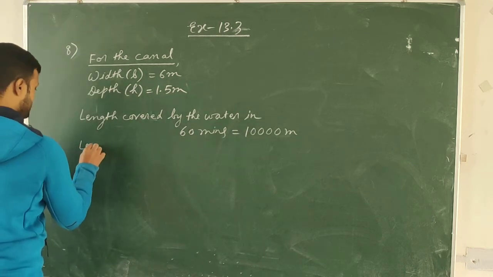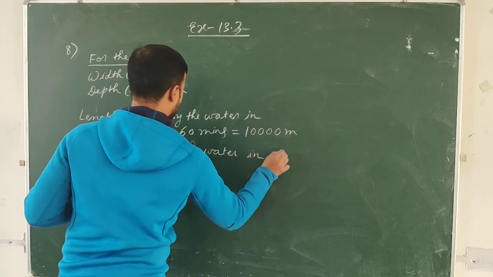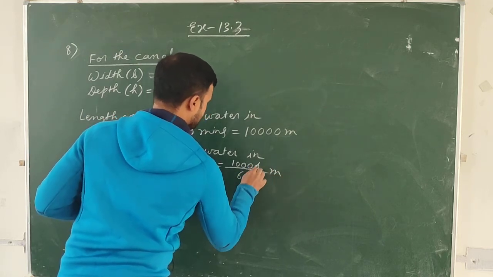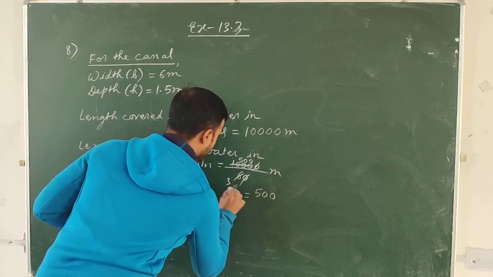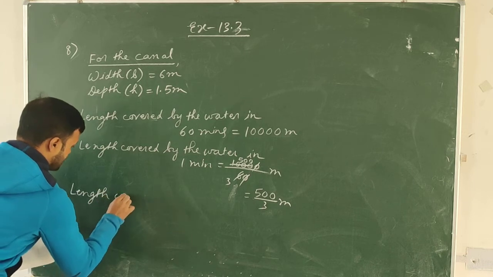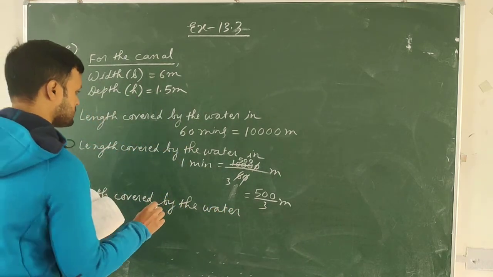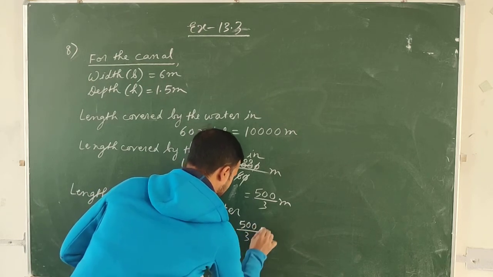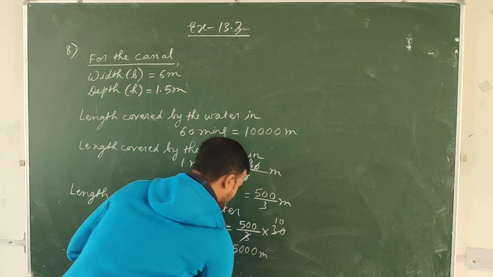Okay, so length covered by the water in 1 minute is equal to 10,000 by 60 meters. In 30 minutes is equal to 5,000 meters.